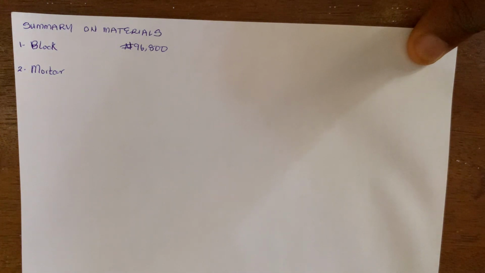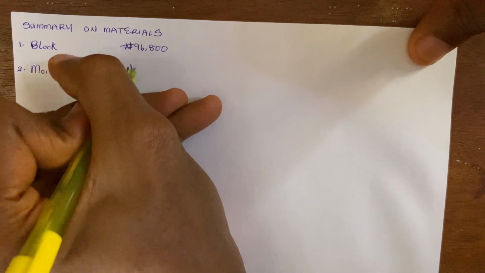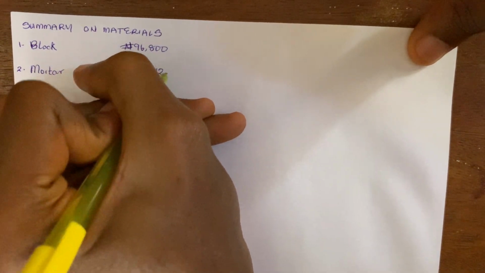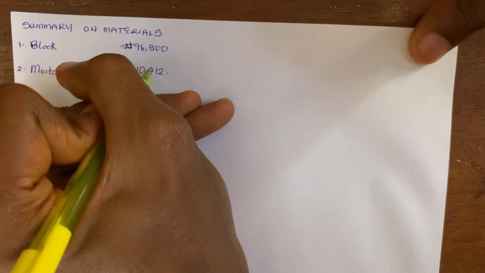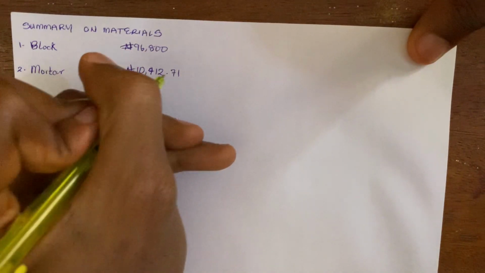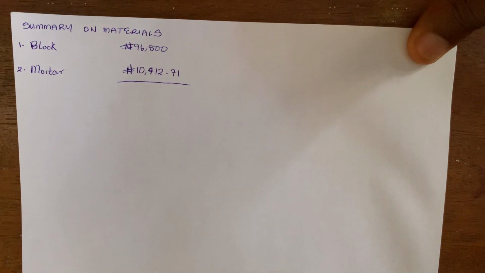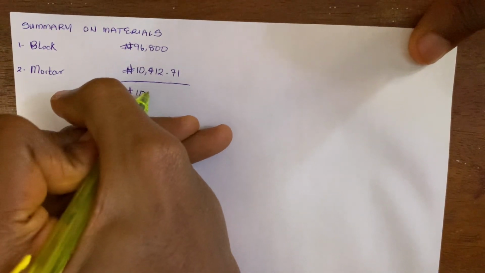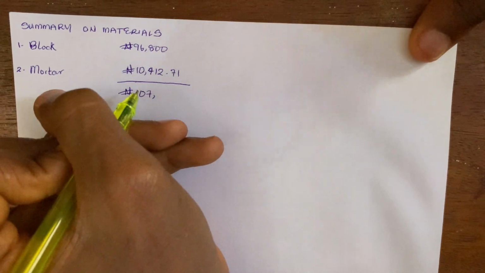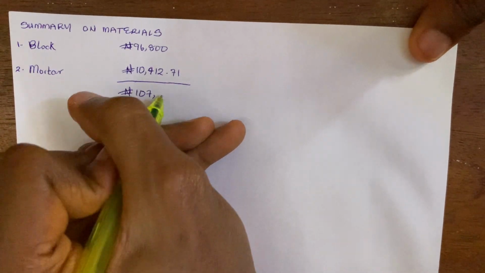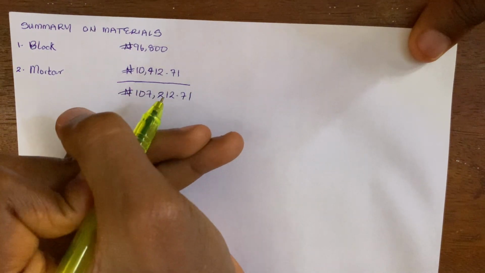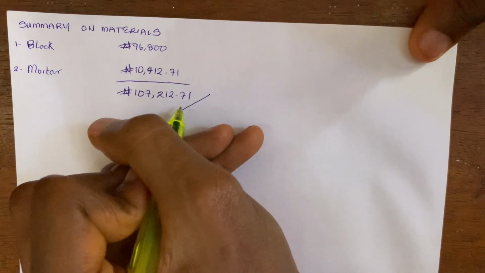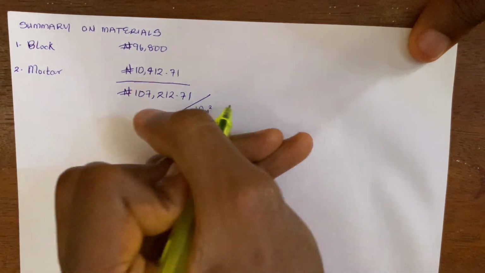So the mortar we built up our rate as 10,412.71. So when you add these two together, we're going to be having 107,212.71. So this is the cost for 10 meters square of blockwork.